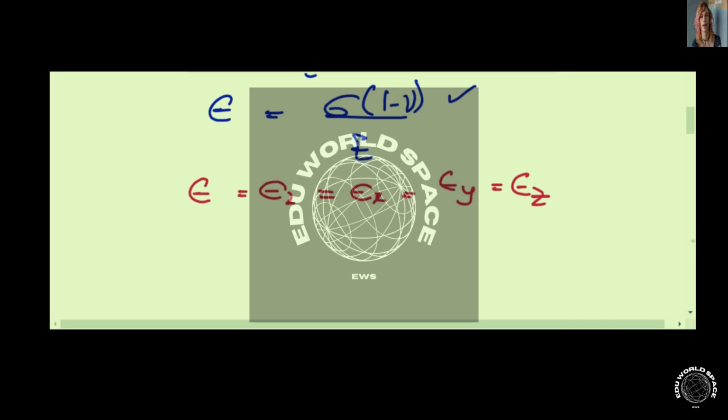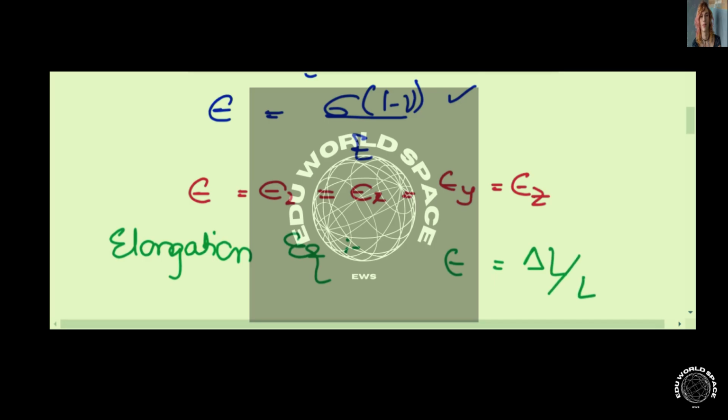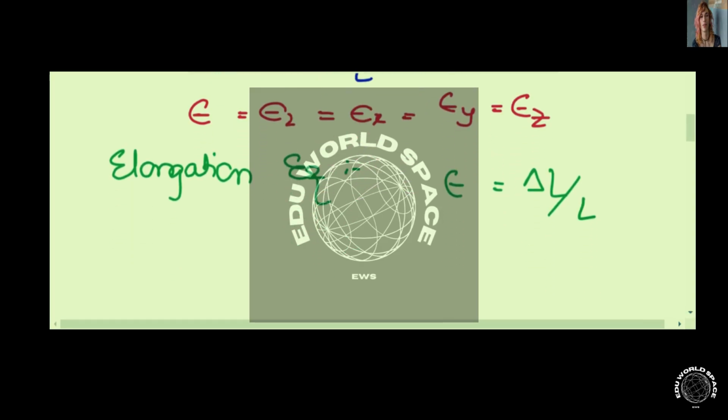Now recall the elongation equation: epsilon is equal to the change in length divided by L. In our case, the strain is equal to delta L divided by L, the strain gauge length.